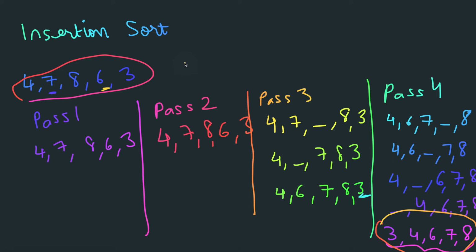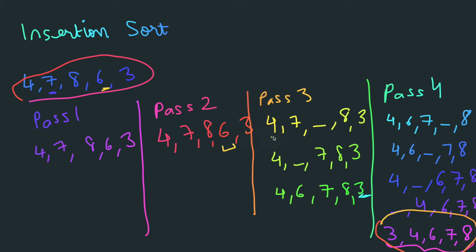Insertion sort is a sorting technique in which you keep on increasing the sorted part of the array by adding one new element in each pass. The new element that you add is the element just following the already sorted portion of the array.